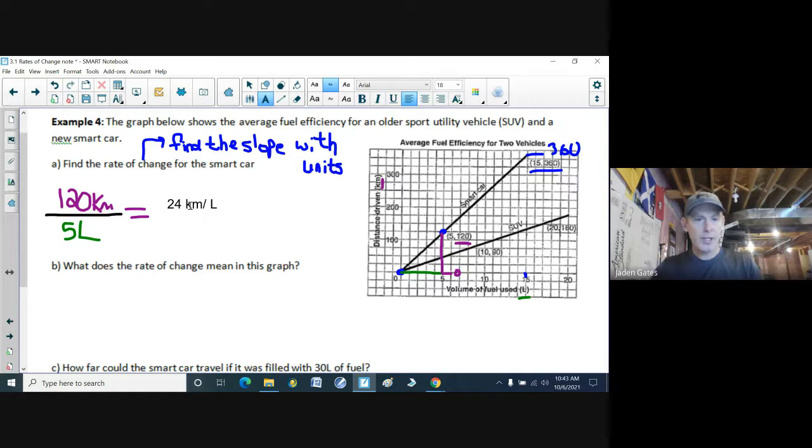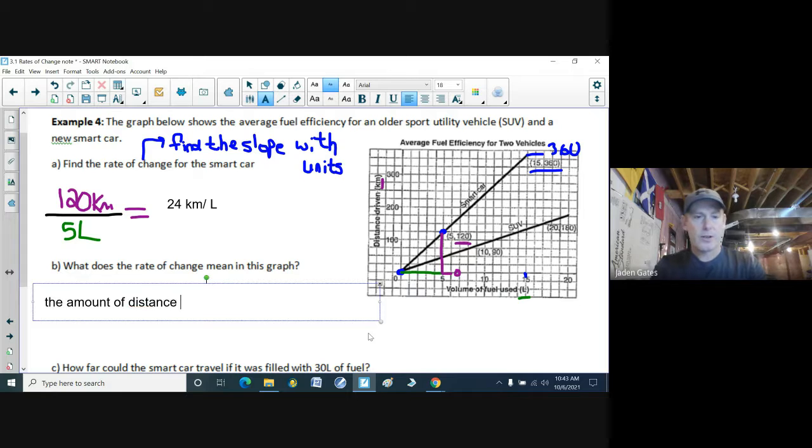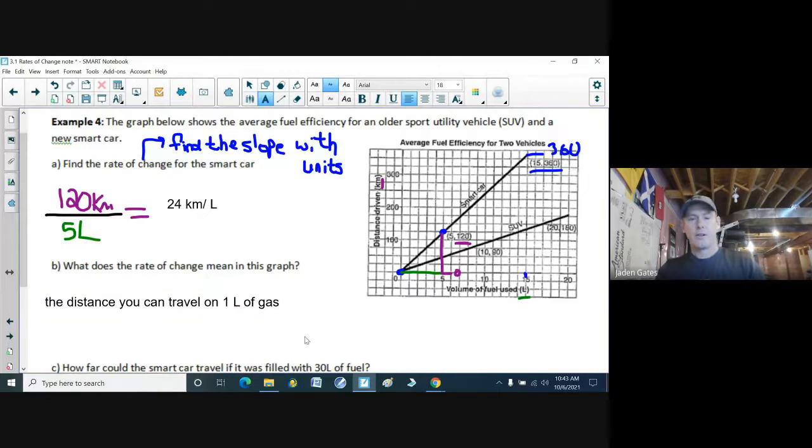Well, our rate is 24 kilometers per liter. We're talking about a smart car or cars in general. And so the rate of change in this case is the amount of distance, or the distance you can travel on 1 liter of gas. 24 kilometers of gas, or distance in 1 liter of gas.